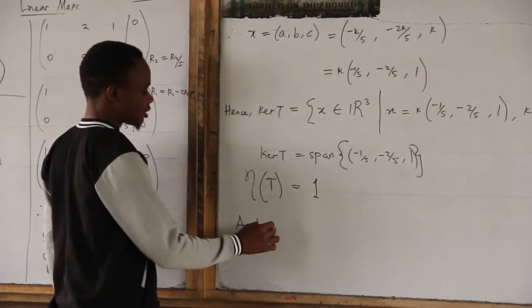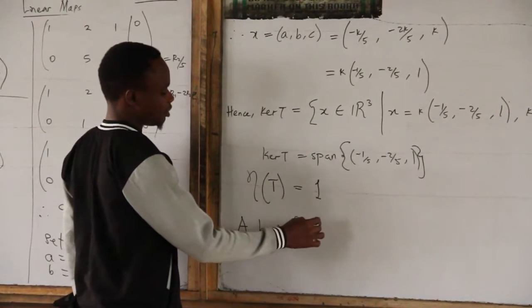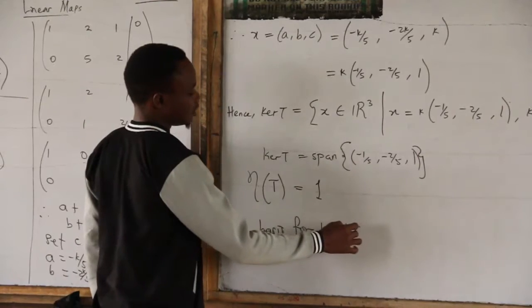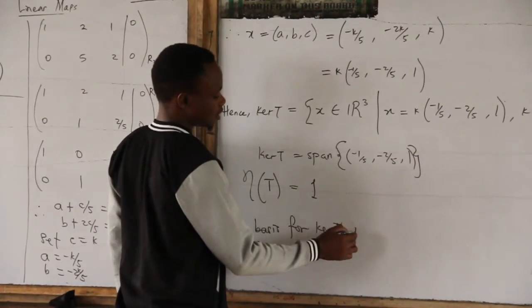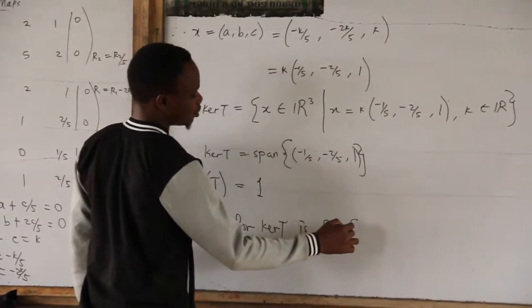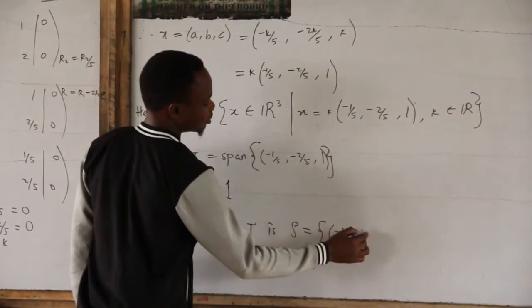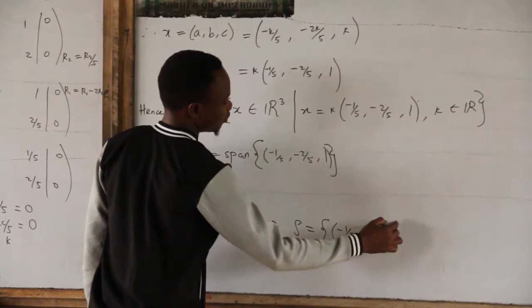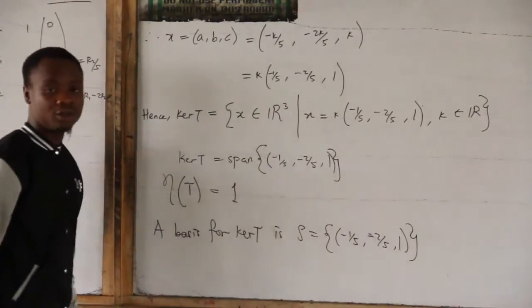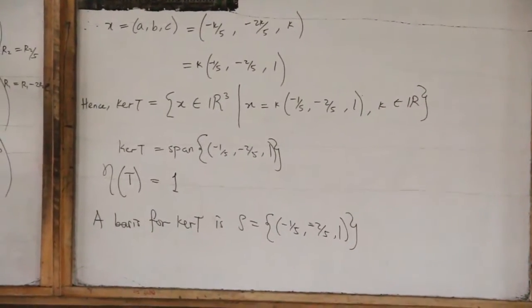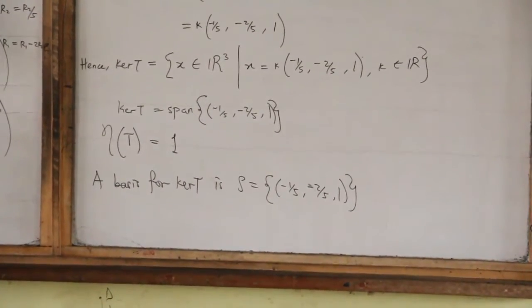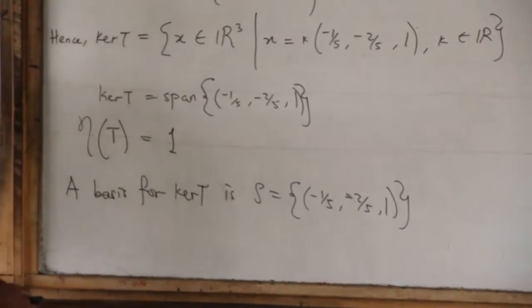And a basis for ker T is S equal to minus 1 over 5, minus 2 over 5, 1. Listen very well.